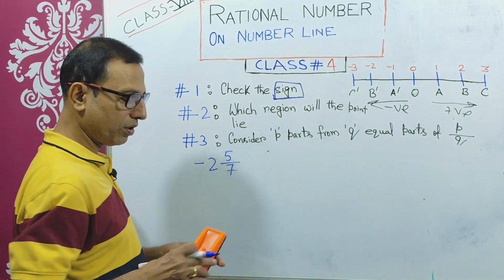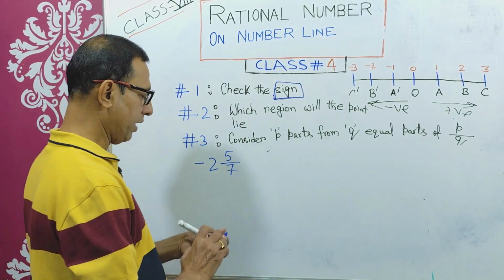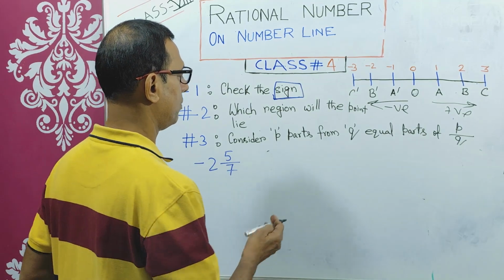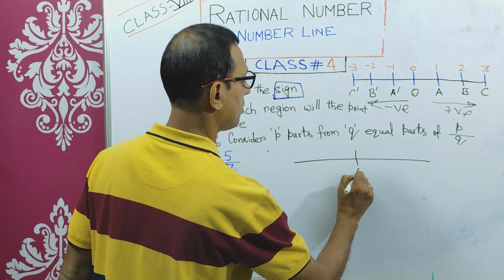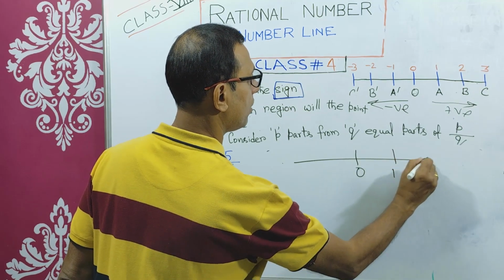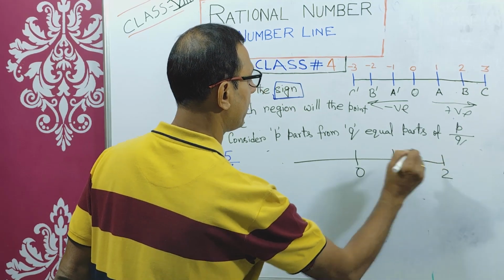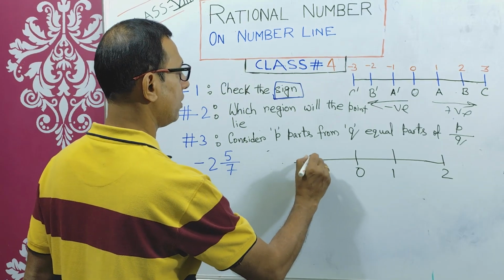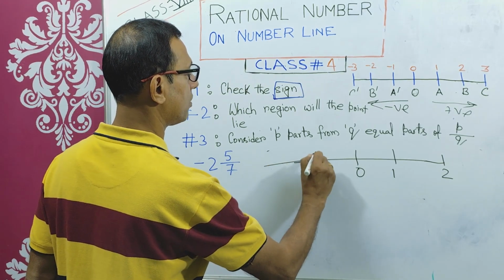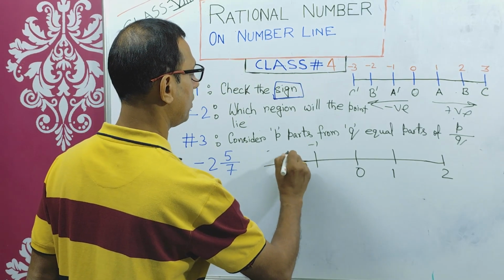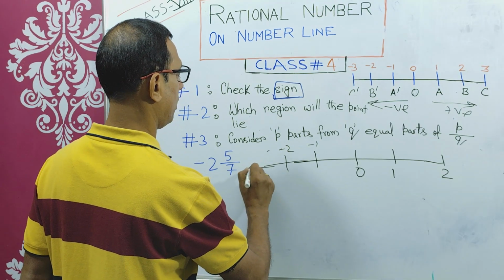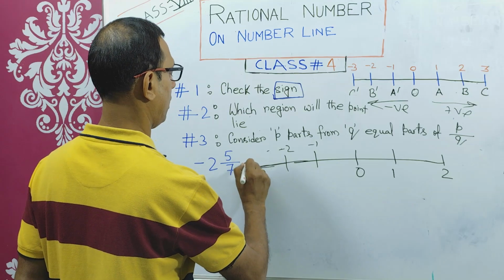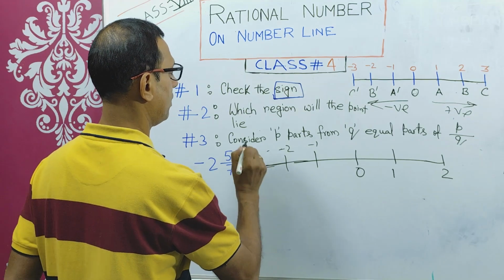So first of all you draw the line. If it is 0, it is 1, it is 2, right side, positive side. This side, it is minus 1, it is minus 2, and this is minus 3.